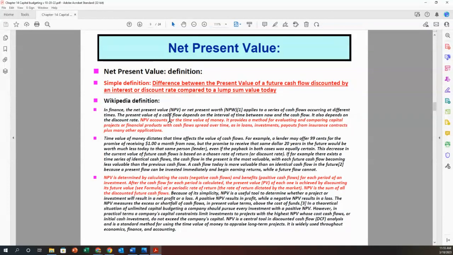The net present value is the sum of all the discounted future cash flows against your investment. So you can read this at your leisure. This is a pretty good definition.